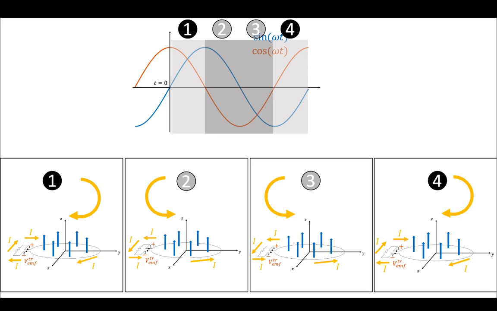So overall, we are going to have these 4 different time regions in which we can see that the current is going to be changing direction. So in region 1 and region 4, the current is going to be going from the minus terminal to the positive terminal, so we're going to have a negative polarity. But in region 2 and region 3, it's going from positive to negative, giving us a positive polarity.